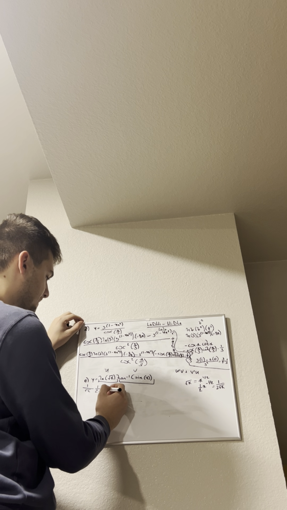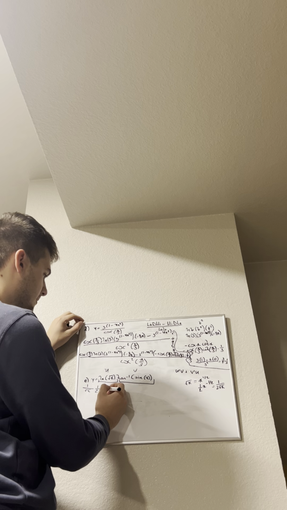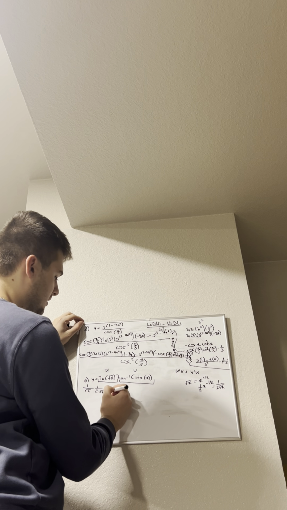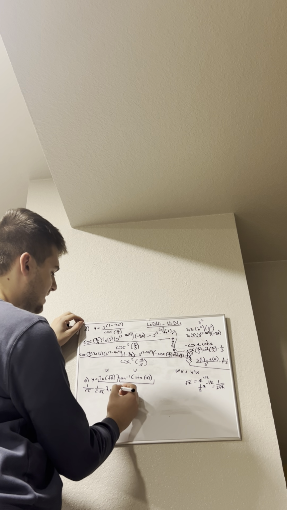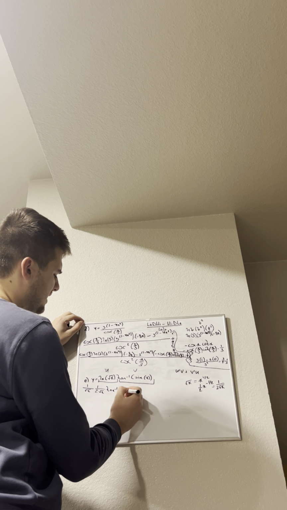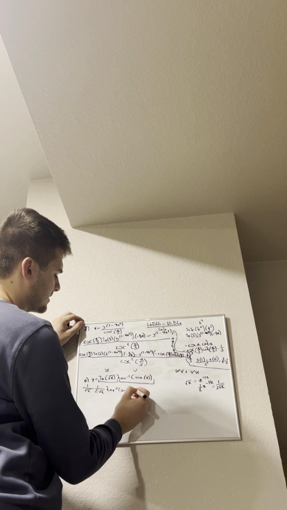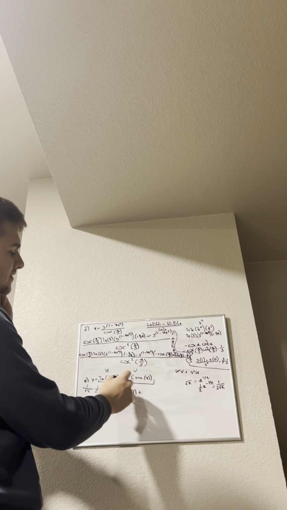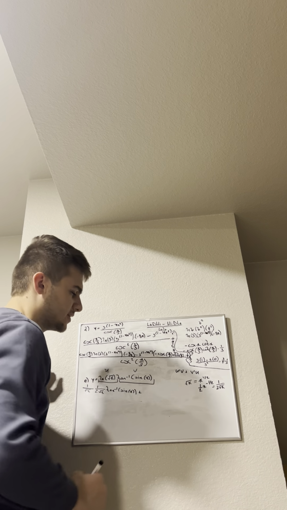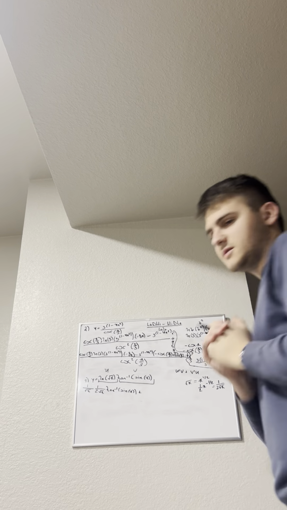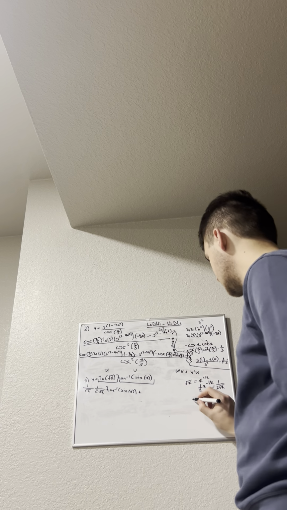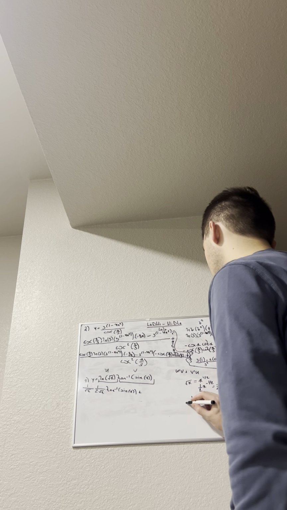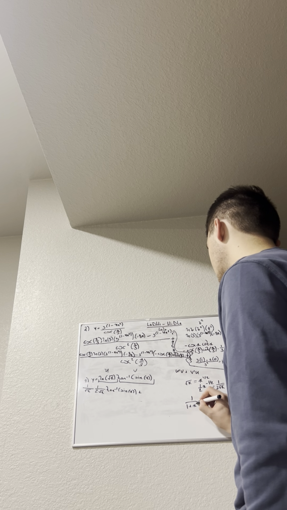And now we just plug in v, the original, so it would be tan inverse of sine x, plus now we have to find the derivative of the v term. The derivative of tan inverse is always going to be 1 over 1 plus x squared.